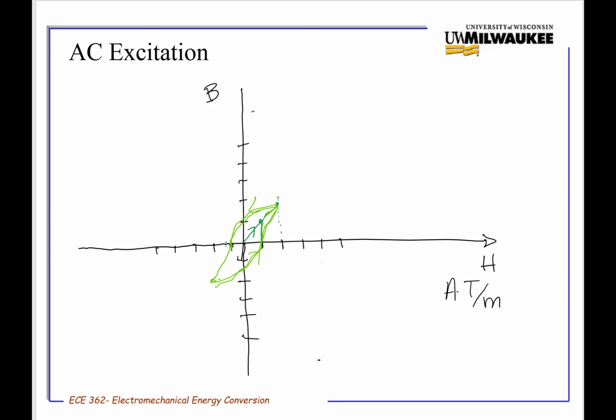We know from Ampere's law that this is N times I divided by the magnetic path length in the core. And so the current, if we say I'm going to put a time domain current into this thing, then we can produce what's on the x-axis.